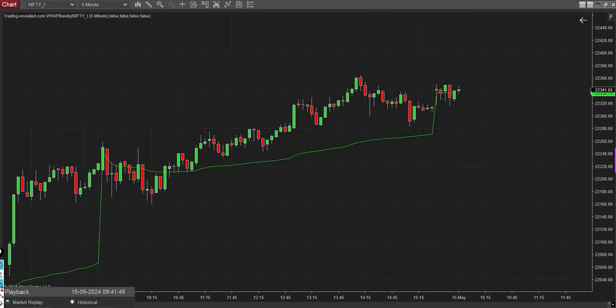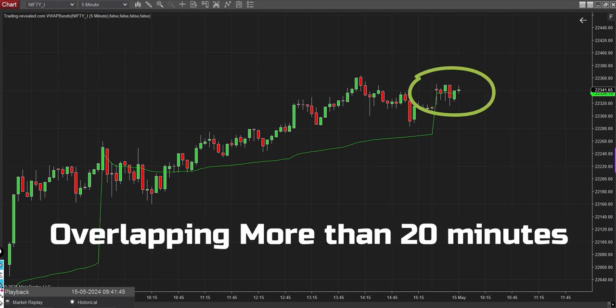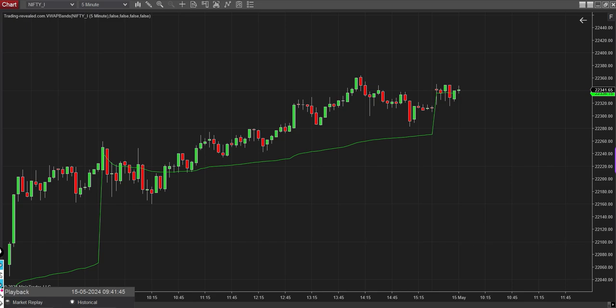Try to understand one thing: whenever candles are overlapping VWAP for more than 20 minutes on a 5-minute time frame, or more than 4 candles, as in this current example, that means the market is giving us information to wait for some clue in your favor, and then start trying to plan or find direction.